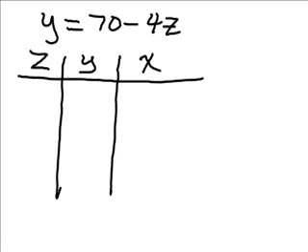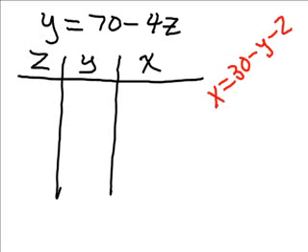Remember that x can be found because the 3 variables have to add up to 30, so x is going to equal 30 minus y minus z. To figure out where to start, I divide 4 into 70 to see the largest integer. 70 divided by 4 gives me 17 and a half, so I'll just start with 17.